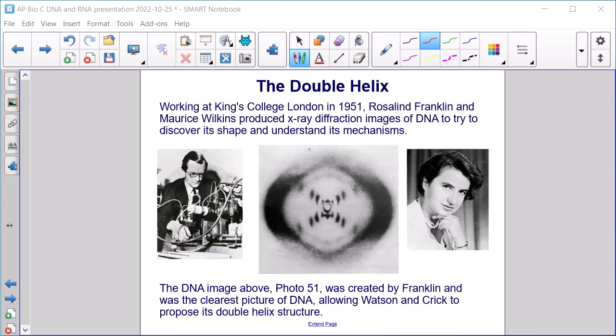Working at King's College London in 1951, Rosalind Franklin and Maurice Wilkins produced X-ray diffraction images of DNA to try to discover its shape and understand its mechanisms. The DNA image above, photo 51, was created by Franklin and was the clearest picture of DNA, allowing Watson and Crick to propose its double helix structure.